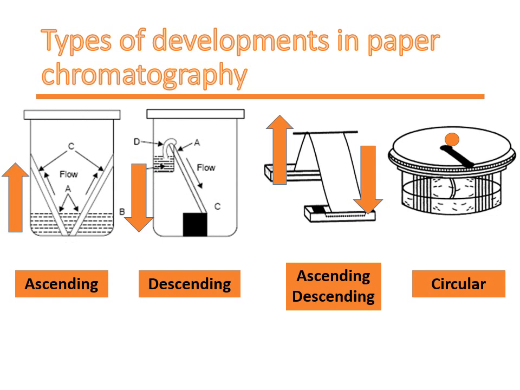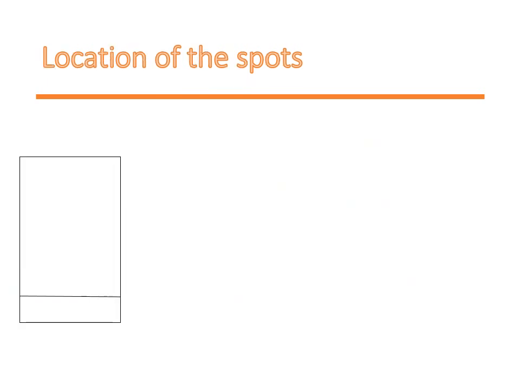The chromatographic development takes place where the sample travels from the center towards the circumference of the paper. So these are the different developmental techniques in paper chromatography.